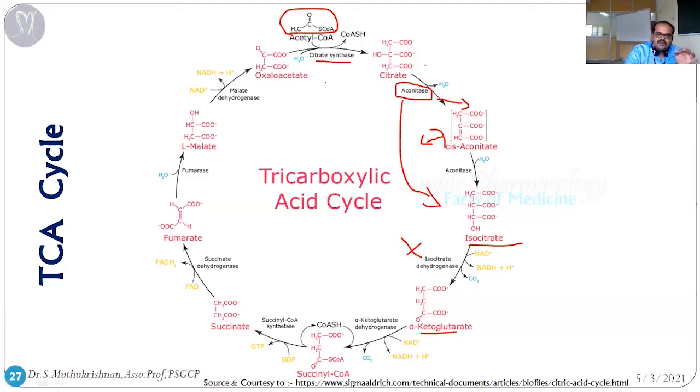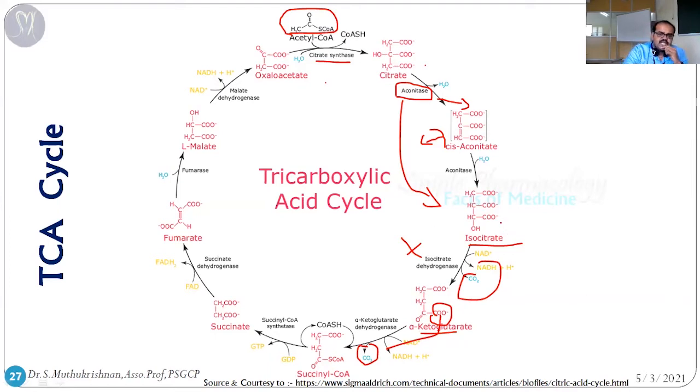Next, this alpha ketoglutarate once again is going to be dehydrogenated, then converted into succinyl-CoA. The enzyme responsible here is alpha ketoglutarate dehydrogenase enzyme. In both these reactions, you can see carbon dioxide is released. Structure-wise, you can see the CO2, this particular molecule, is released, so it's converted into the succinyl-CoA.